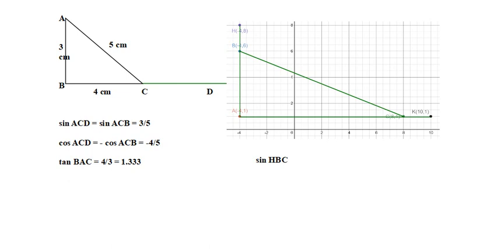So before we find out sine HBC, we have to know what first. Okay, all right, we can count the leaps. We can count from negative 4.1 to negative 4.6.